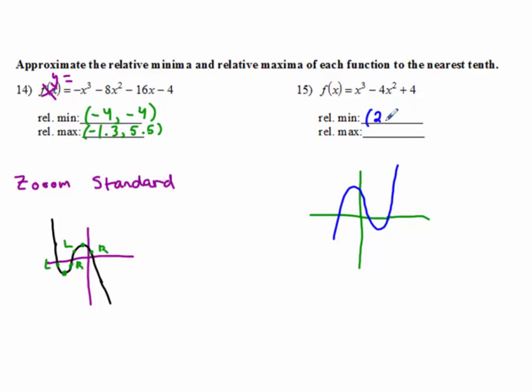Our minimum is 2.7, comma, negative 5.5. And our maximum is 0.4.